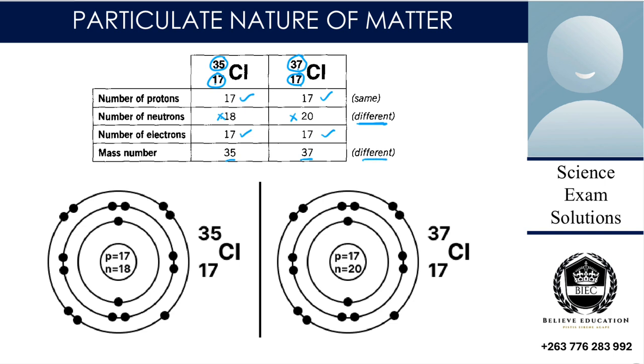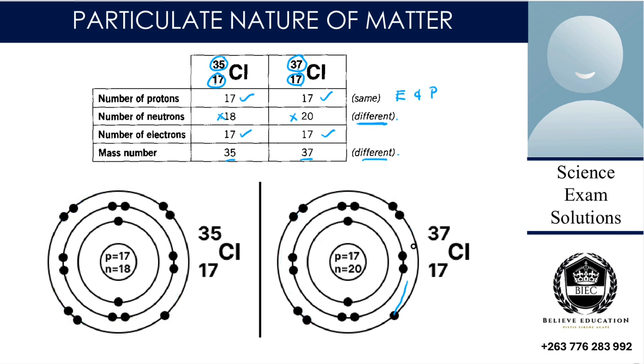They are different. So if we are to compare the isotopes, we would say that they have the same number of electrons and the same number of protons, but a different number of neutrons as well as different mass. If we look at the electron shells, they are the same, and the outermost shell is merely the same.